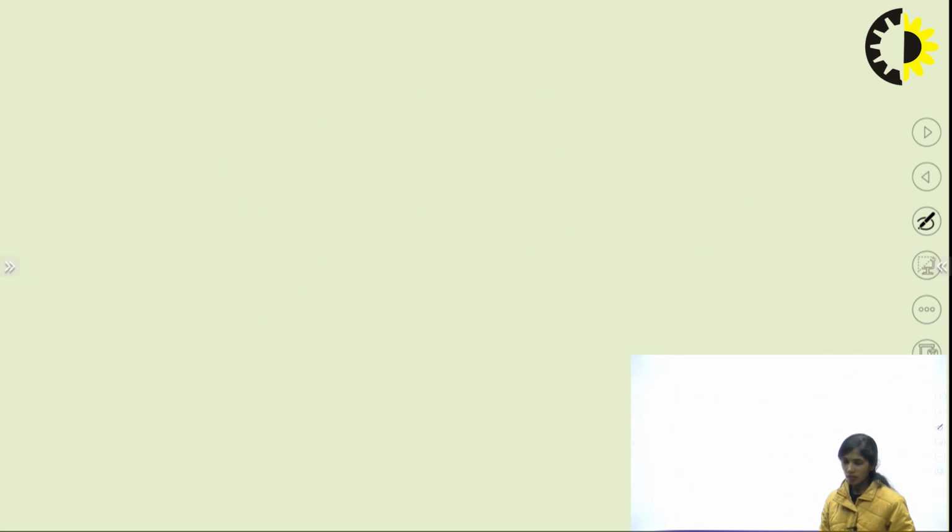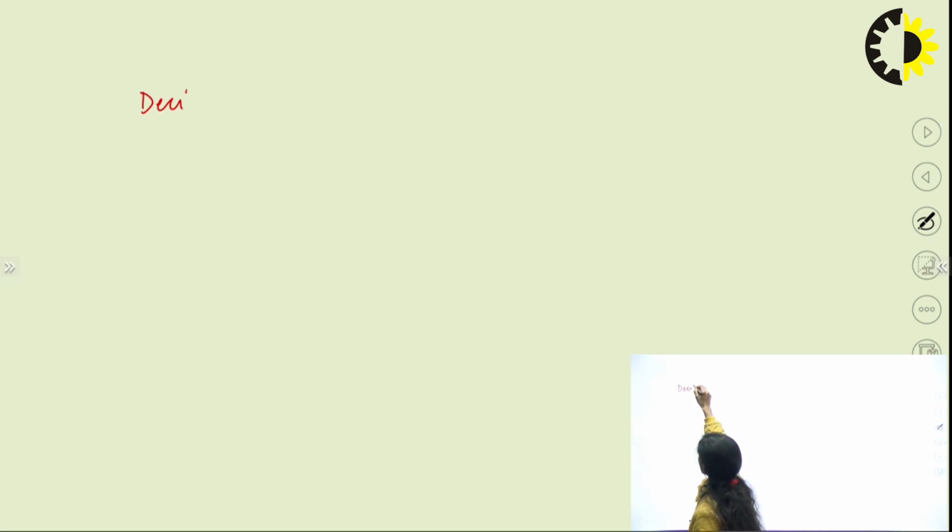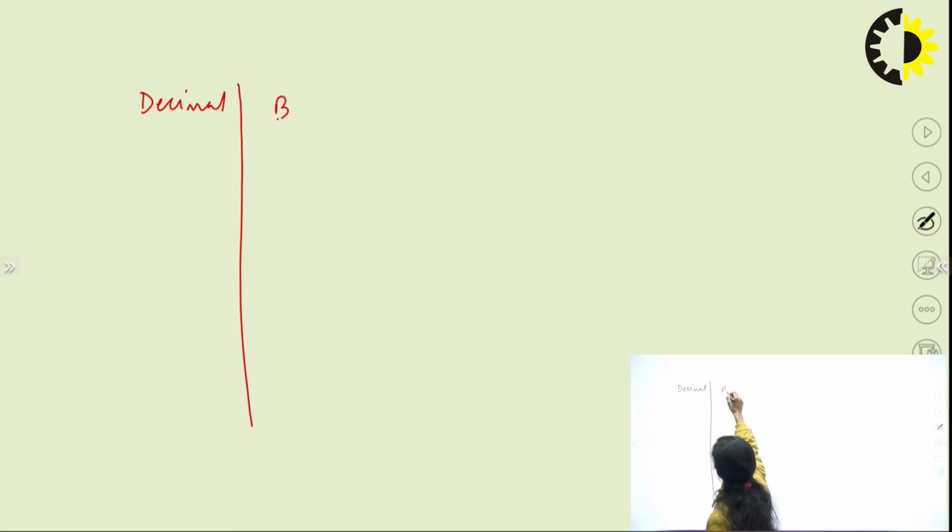Now next, there is a method to convert a binary number into the hexadecimal and octal number systems. There is a table we follow. So first we are going to study the table for a few decimal numbers, to convert from decimal number to binary.